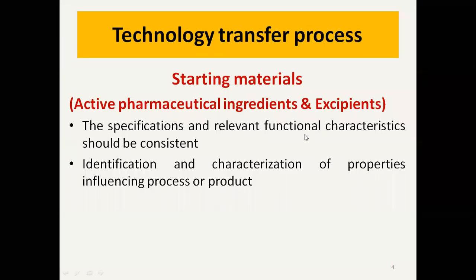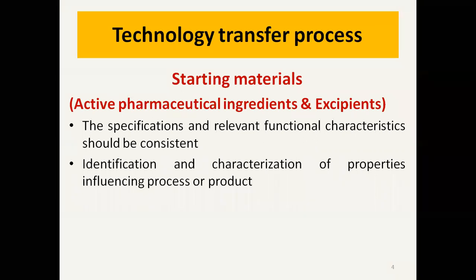Then the technology transfer process, what does it contain? It contains API and the excipients. Here we generally call them starting materials. So how does the technology transfer process help in the API and excipients transfer? The specification and relevant functional characteristics of the starting materials. Specification means color, odor, taste, physico-chemical properties, and some functional characteristics are also there. It should be consistent.